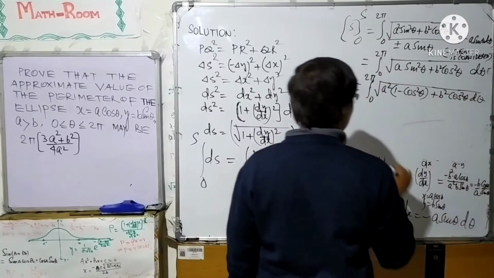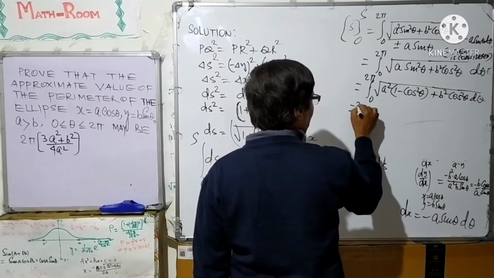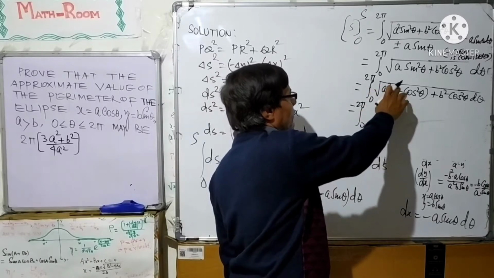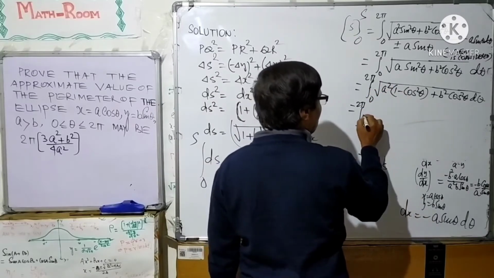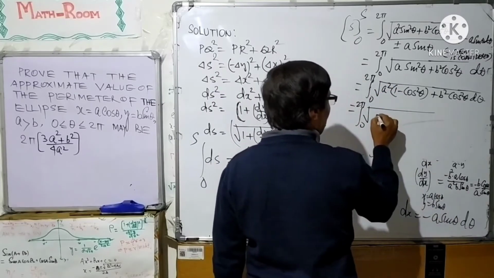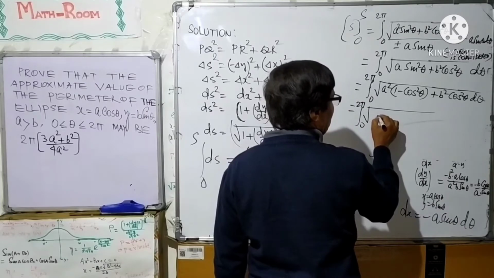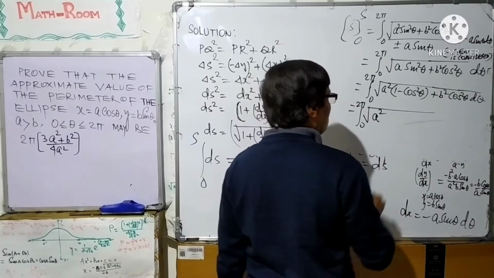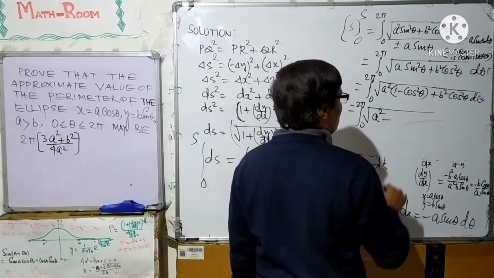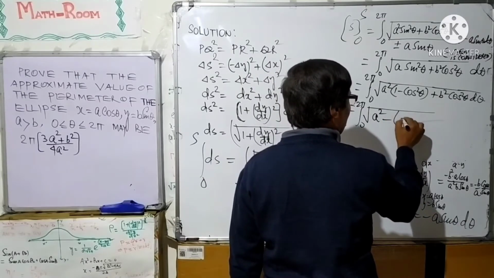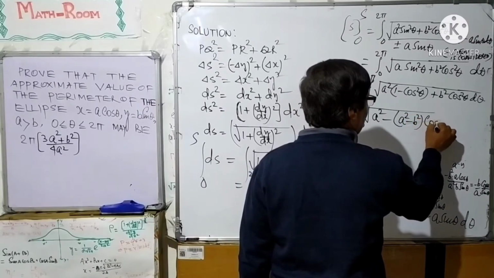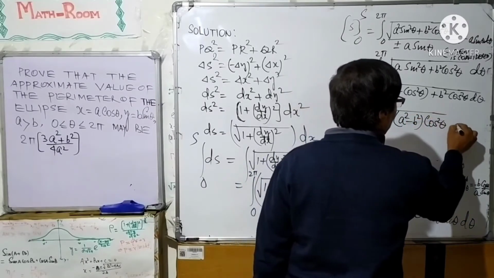This can be written as root over of a square minus a square minus b square cos square theta d theta.